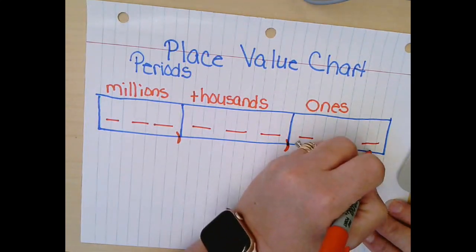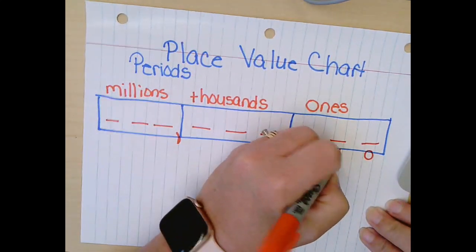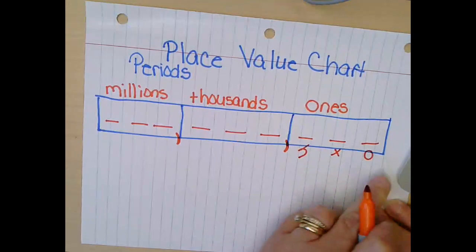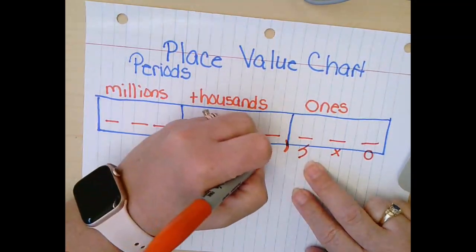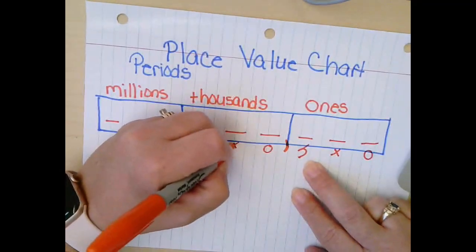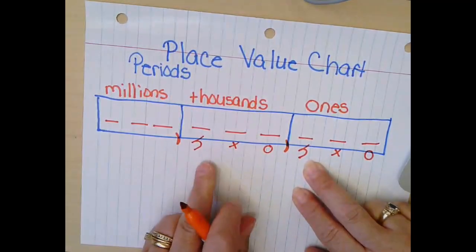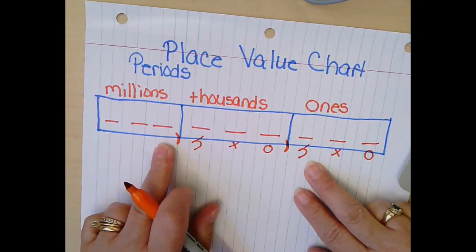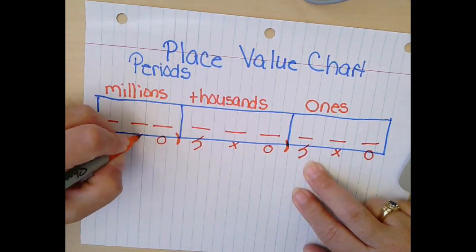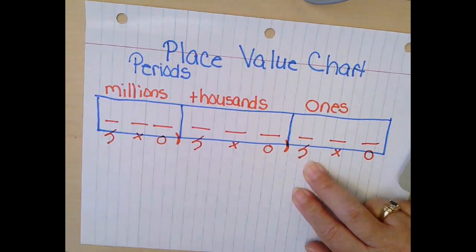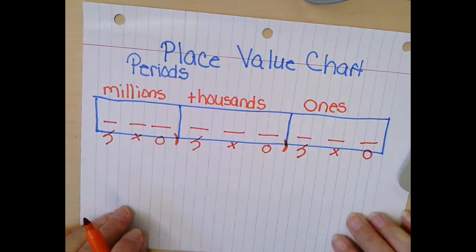We're going to begin with an O, a T, and an H. Again, moving right to left. We're going to go into our next period, and we're going to put an O, a T, and an H. So if we repeat that pattern in our millions place, we're going to once again put an O, a T, and an H. So that gets us started.